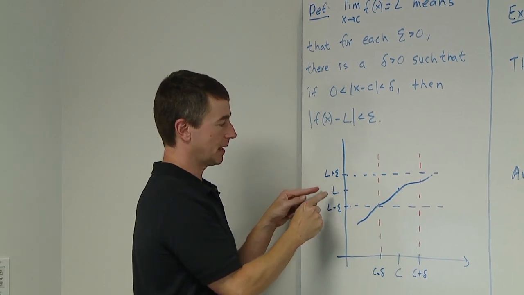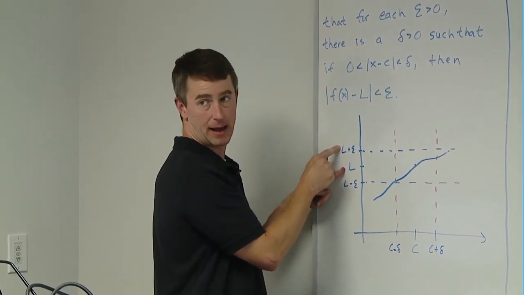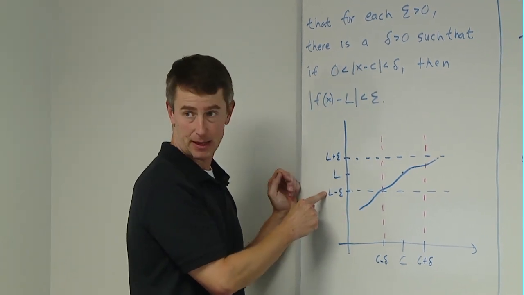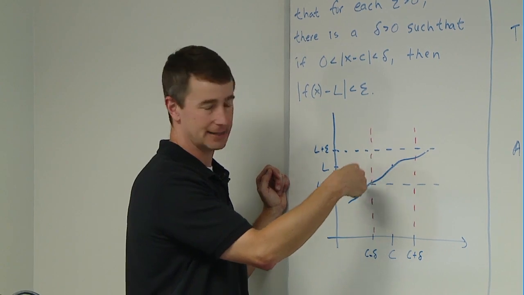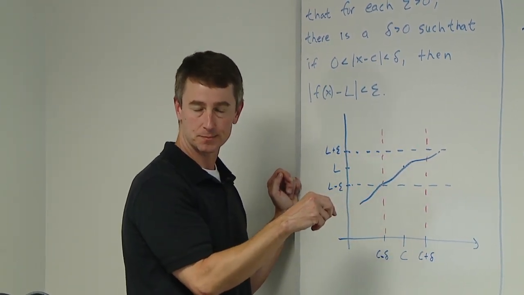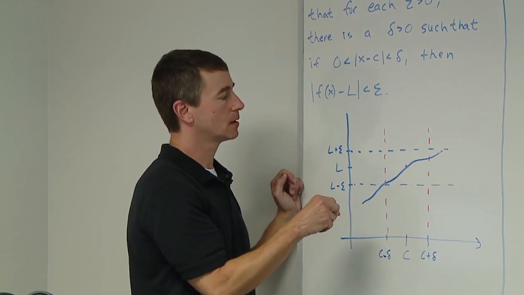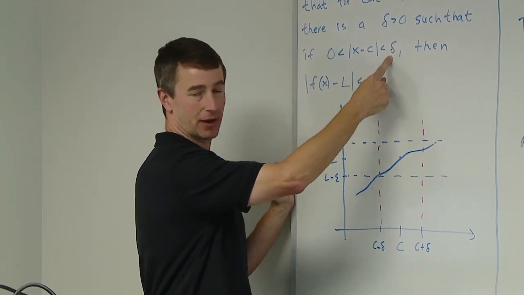In other words, if I start here at L, I can go up epsilon away from L, and I can go down epsilon away from L, and my function f of x is supposed to stay inside this little epsilon band. I do that by choosing a delta.